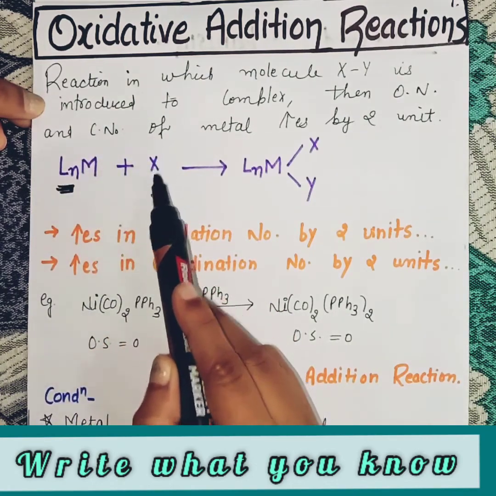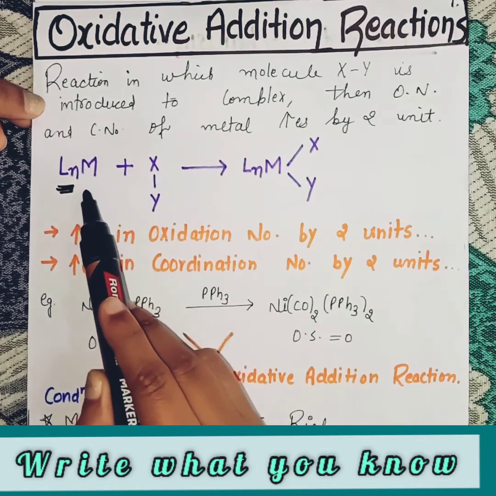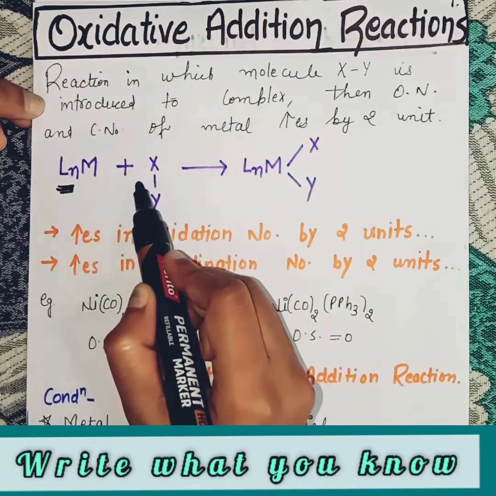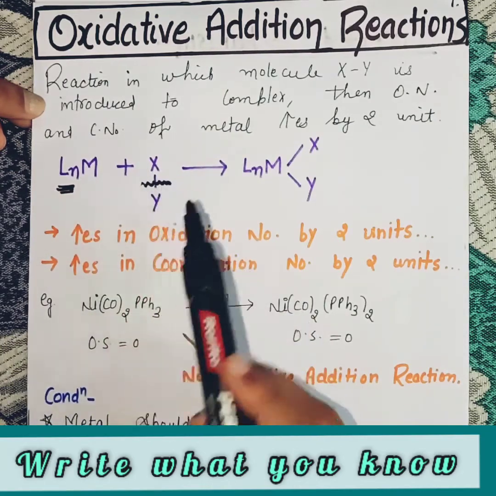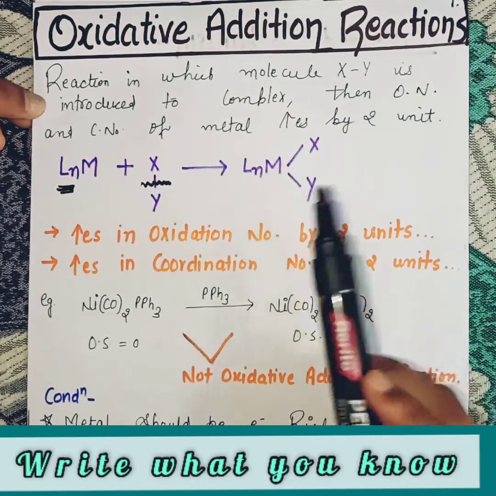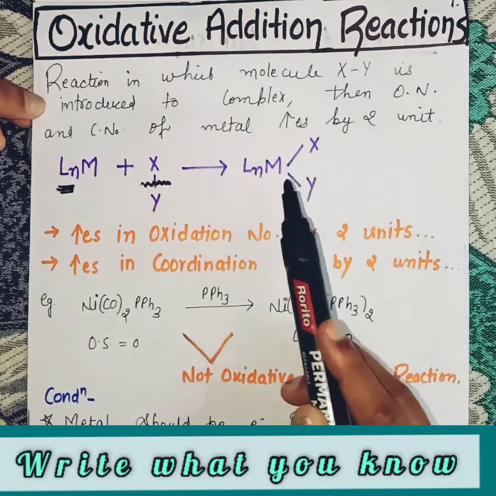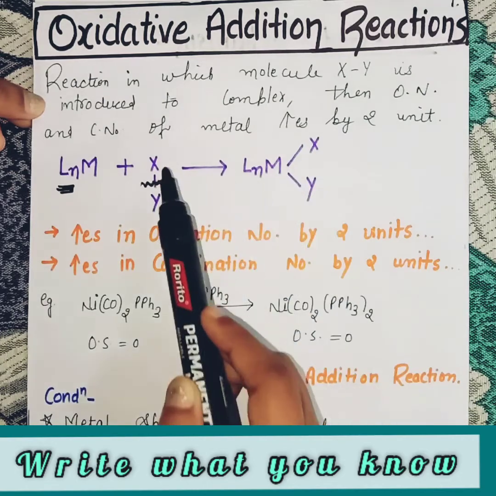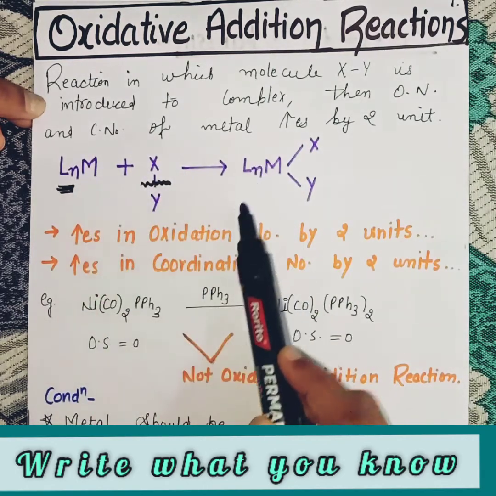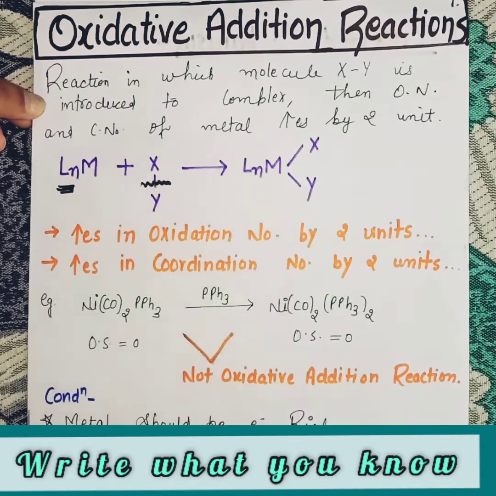When the group XY is introduced to this complex, this bond is broken and two new bonds are made with the metal atom of the complex. So this is the oxidative addition reaction: addition of this molecule into this complex gives this complex.